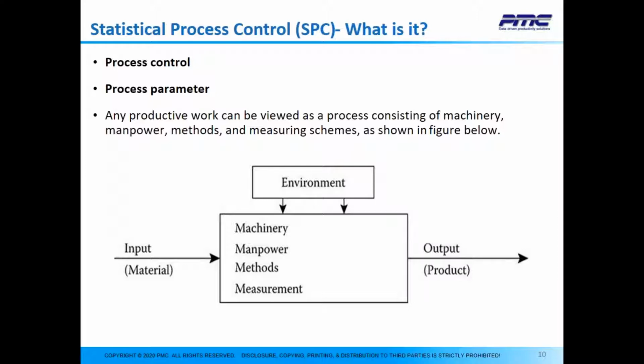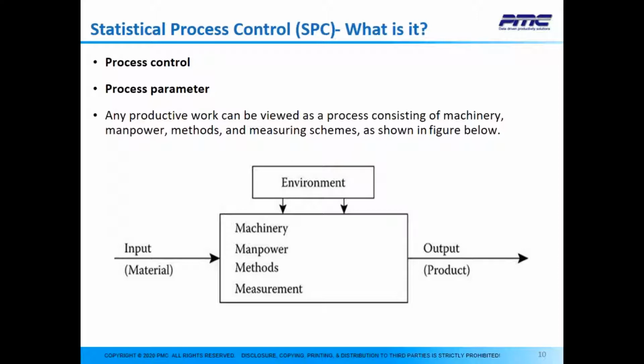The term process parameter is important here because it's used in quality literature to indicate both the variables of a process that influence the product characteristics, as well as the quantities that define the distribution of a process, such as the mean and the standard deviation of a normal distribution.